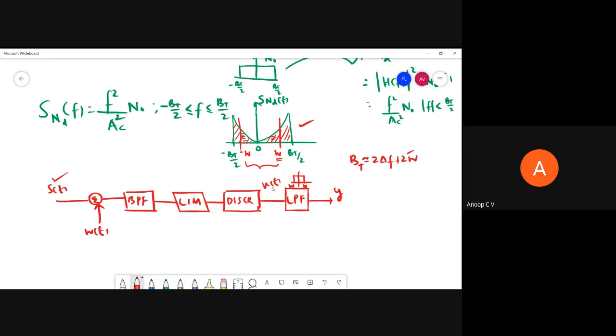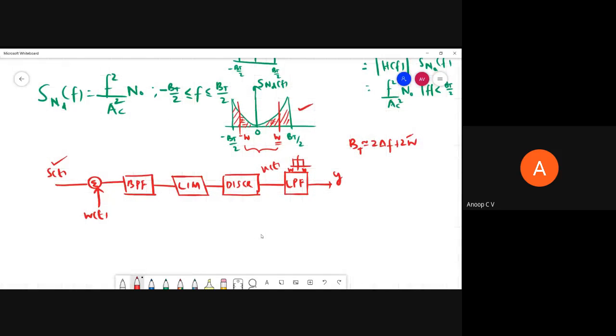So we found the spectral density of the noise part in V of t, but when we pass it through a low pass filter, it will be limited to minus W to W. Here the noise spectral density is S N D of F, and here the noise spectral density will be S N O of F, as it is the demodulated output.